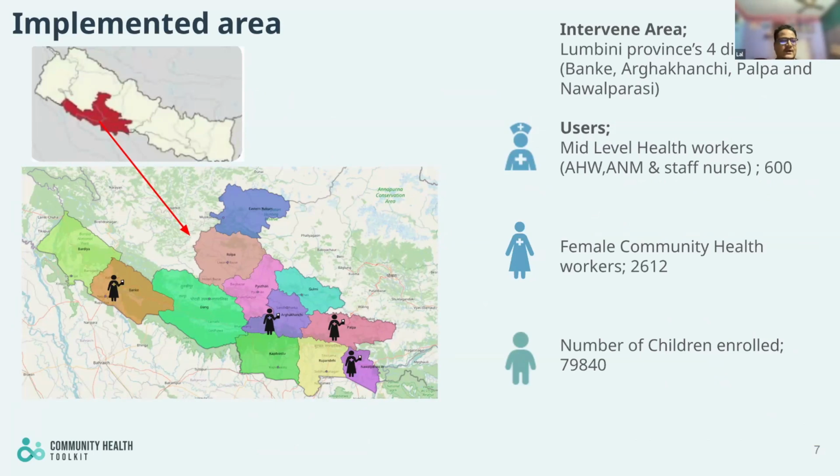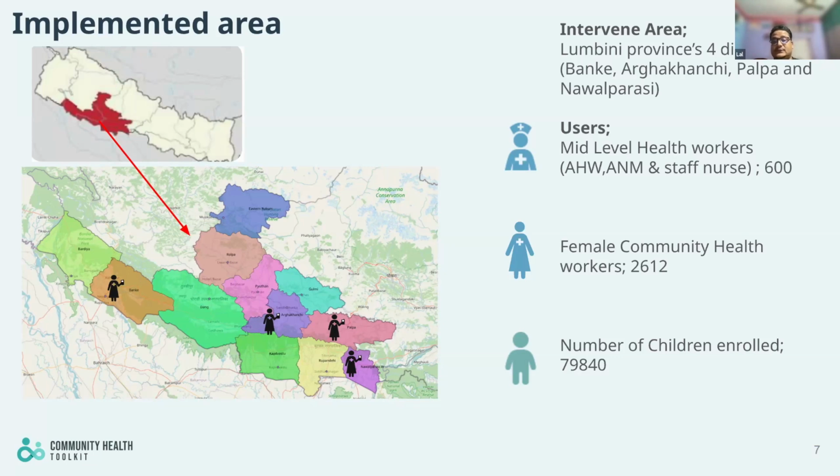You can see where the community health worker picks up the phone, this area in the map. So these are the implemented areas. Currently, we have 600 mid-level health workers who are using this ECHIS app, and they are delivering services through this app. And currently 2,612 community health workers are equipped with the SMS system.